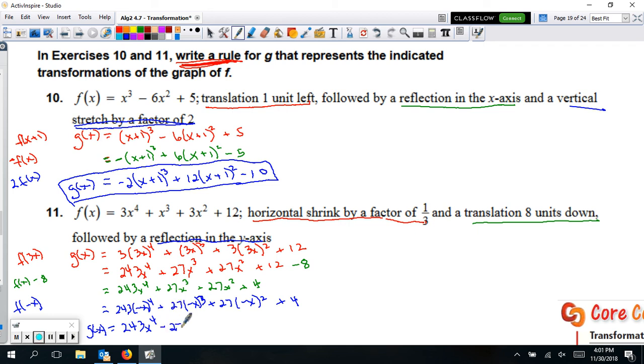It's going to change its sign to negative 27 x to the third. 3 negatives is still going to be negative to multiply 27 with. Here's an even number, so it's going to be a positive. So this will be positive times positive, so it stays positive 27x squared, and we have our positive 4 at the end. And there's our final answer for writing this rule with those 3 descriptions for the transformation.